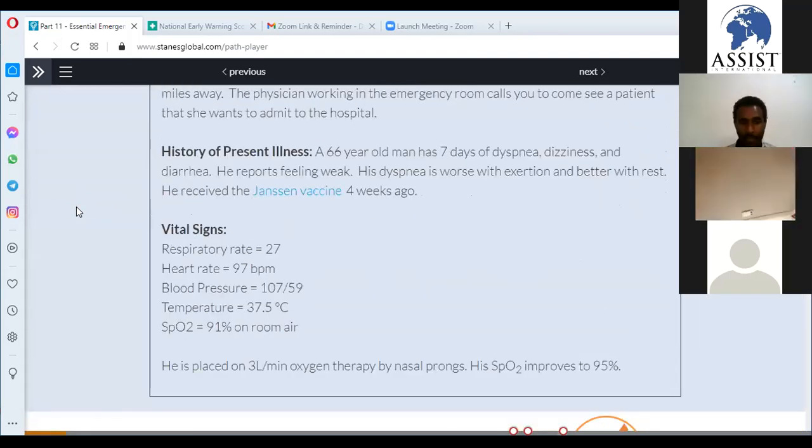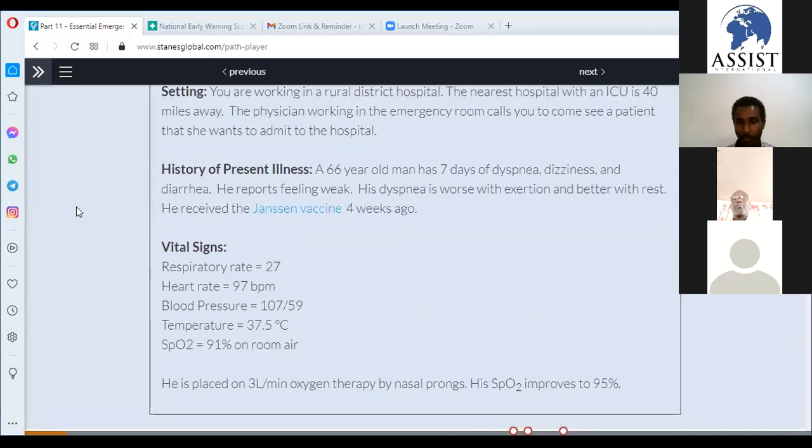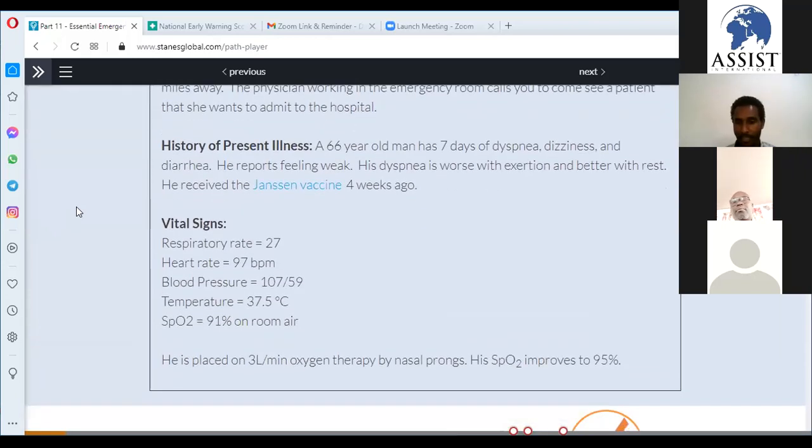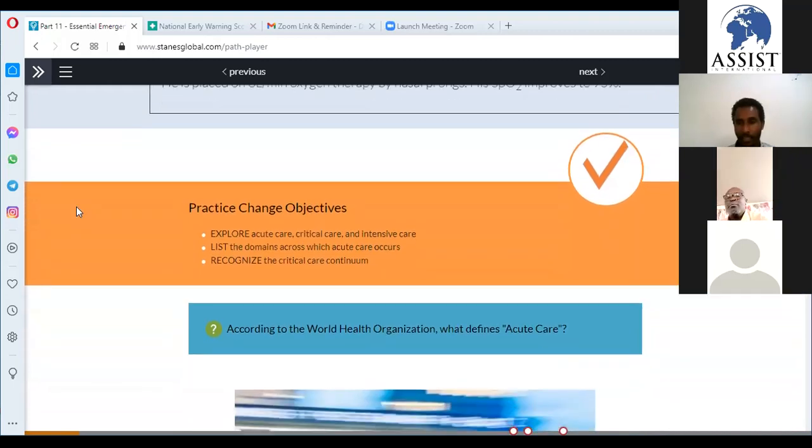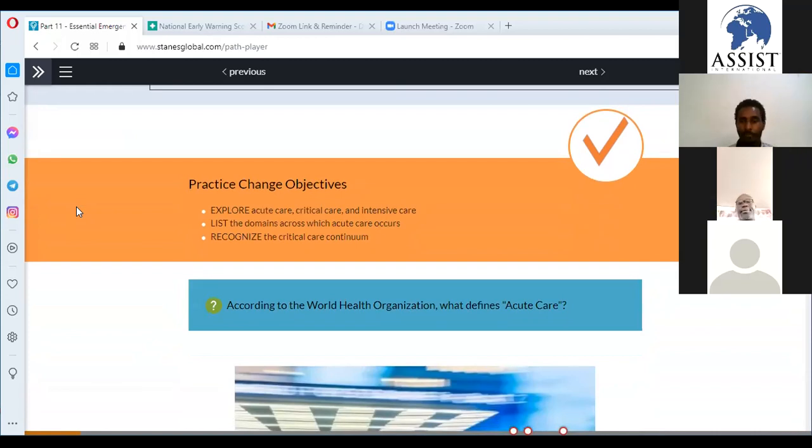And he's put on 3 liters per minute oxygen by nasal prongs, and the saturation becomes 95%. So as we proceed to our discussion, we will see what acute care and critical care as well as intensive care mean, how they are related and how they are different.